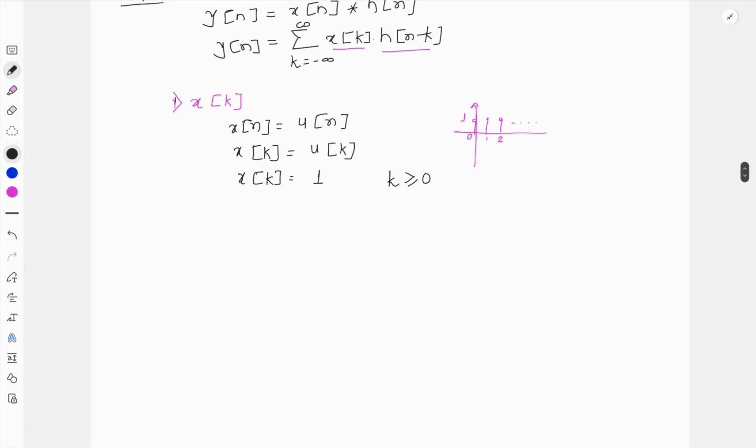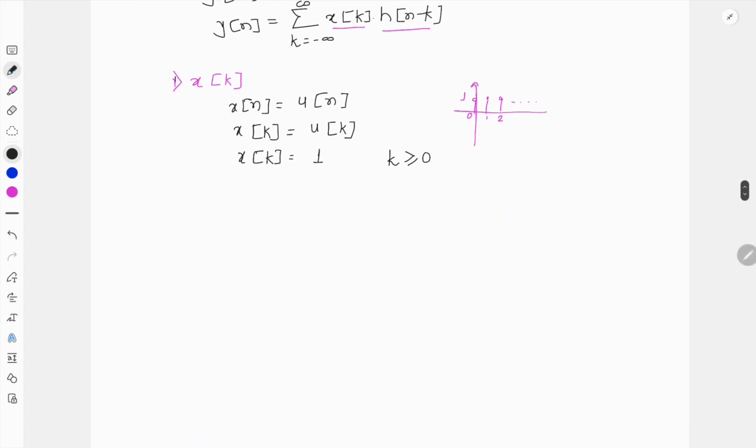Secondly, we have to obtain h of n minus k. So, second step, we need to obtain h of n minus k. Originally we have h of n equal to 1/2 raised to n into u of n. So first of all, we need to find h of n minus k.